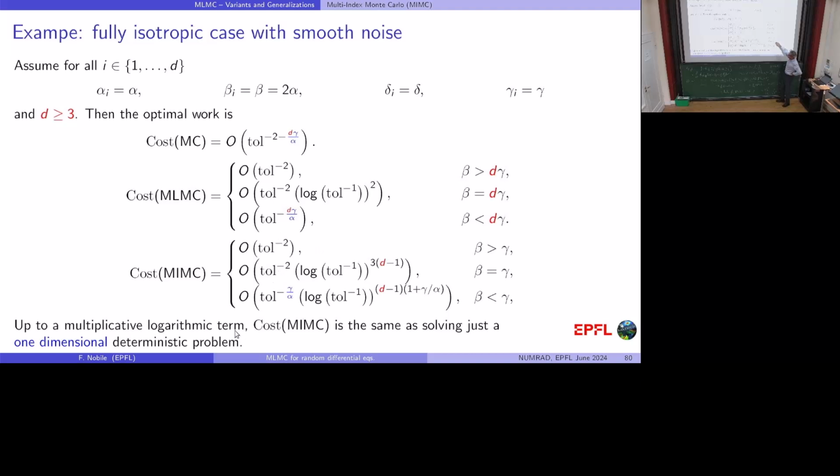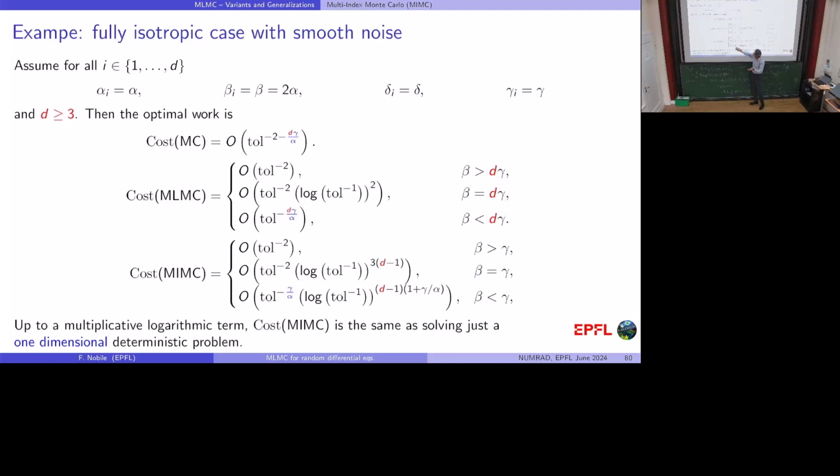And if you don't, you essentially get this complexity epsilon to the minus gamma over alpha, where I'm showing the case where all the alphas and betas are equal. In Monte Carlo, the cost is epsilon to the minus d times gamma over alpha, because you are solving a d-dimensional problem, refined in all directions.